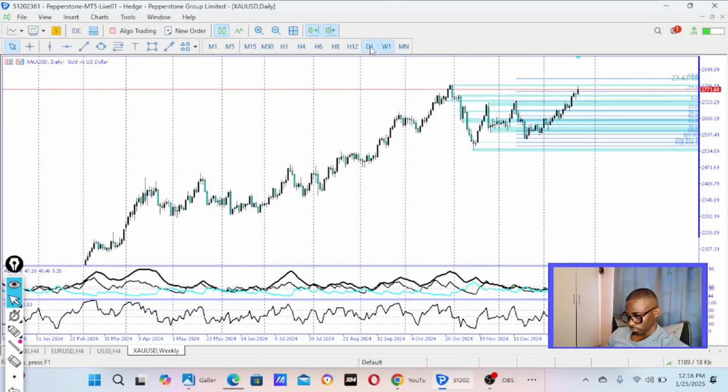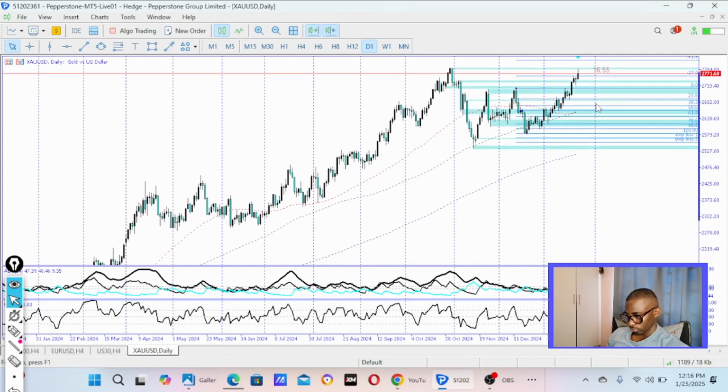Let's go down to the daily. This is the neckline that we saw on the weekly time frame. So I want to see price drop to this level to continue that bull run. This is what I would love to see on gold, because you can see that price is in an uptrend. There's a low, high, high, low, high, high, low, high, low, high, high.